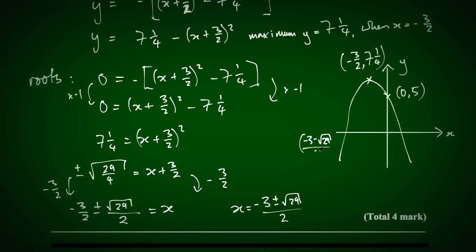And I can't write that any more simply in a non-calculator paper. That's a surd, so in fact that is the simplest way to write it accurately anyway. And this one is at minus 3 plus root 29, or I could just say root 29 minus 3. Either way is correct, over 2.